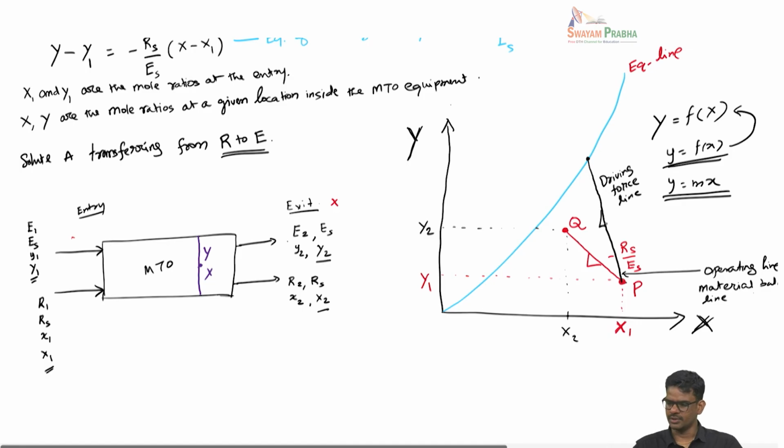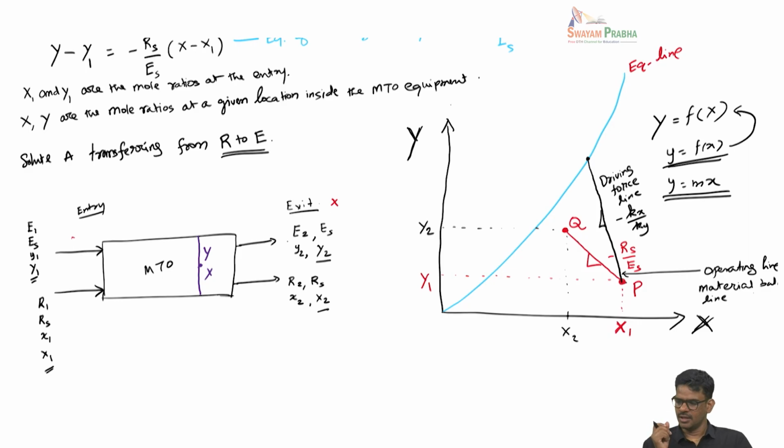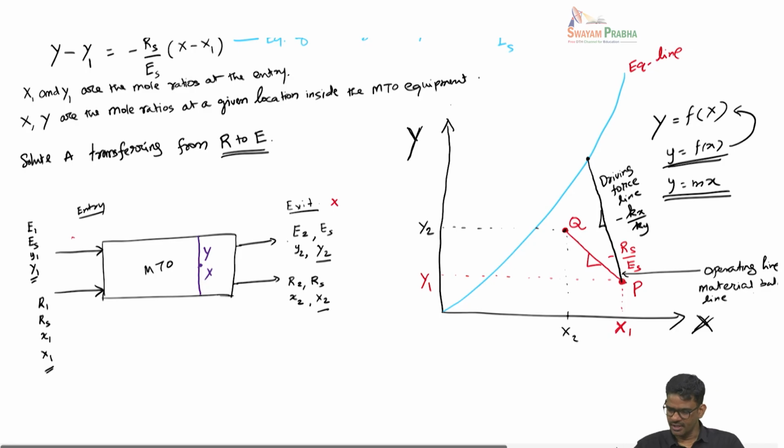This slope is given by minus kx by ky, which is controlled by the local mass transfer coefficients kx and ky. And if I move to the other point, that's the outlet concentration. Corresponding to this, there will be another equilibrium point somewhere here, and this is the corresponding driving force.